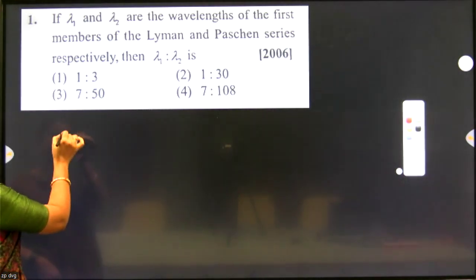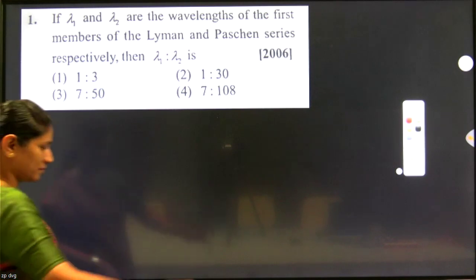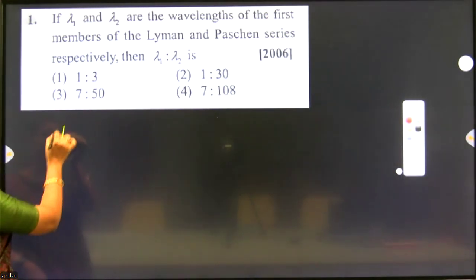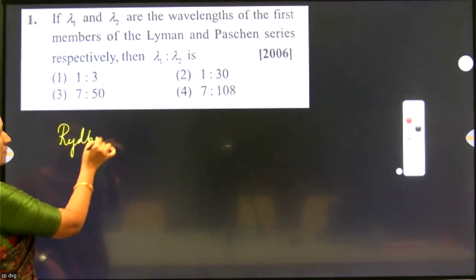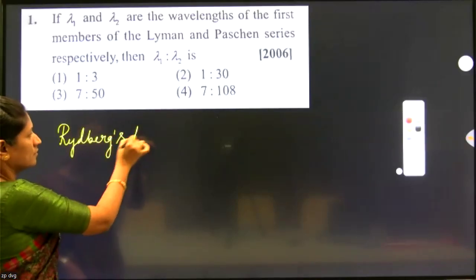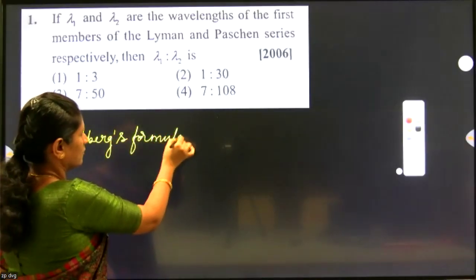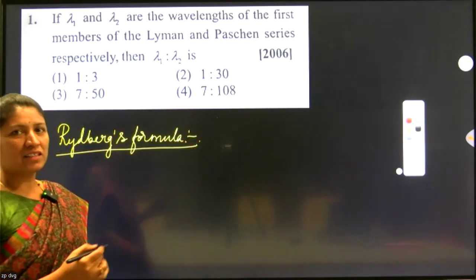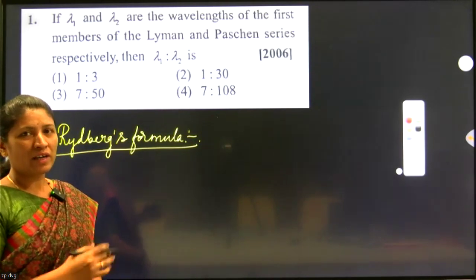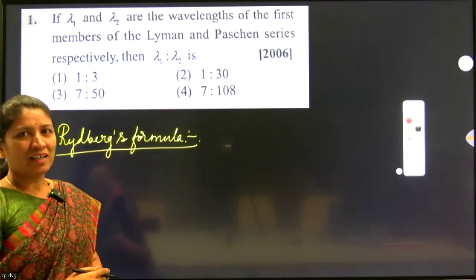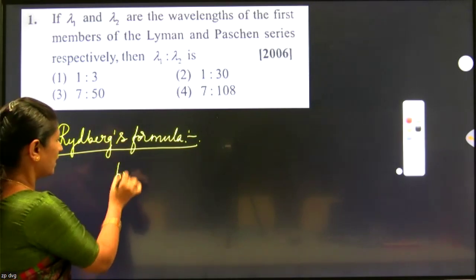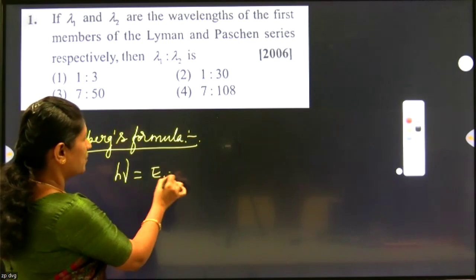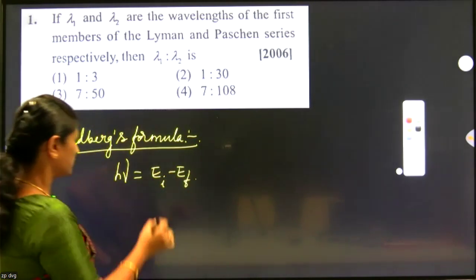Rydberg's formula. We know that when an electron makes a transition from any higher state to a lower state, it emits a photon, and its energy is given by h nu equal to Ei minus Ef.